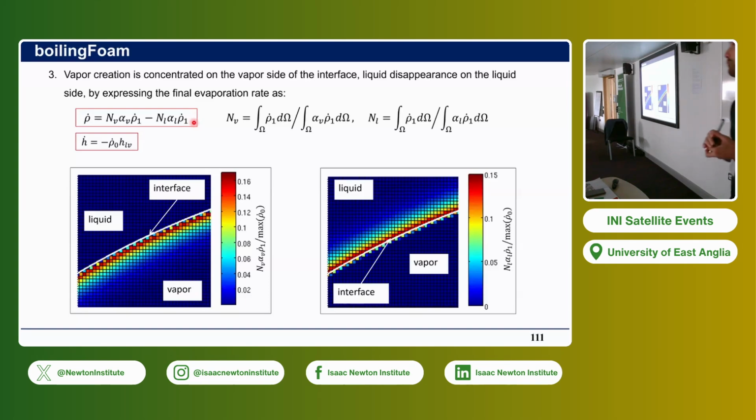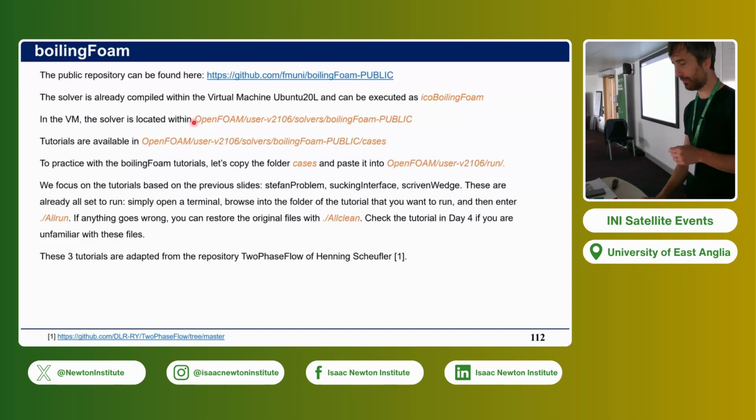We have validated it with some fundamental experiments of single bubble nucleating, and everything seems to behave quite decently even this way. But I just want you to know that there are various methods to solve this problem of sharpness of the velocity field at the interface. And this is the one we have implemented in our solver.